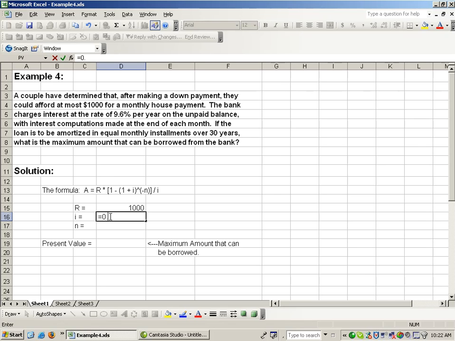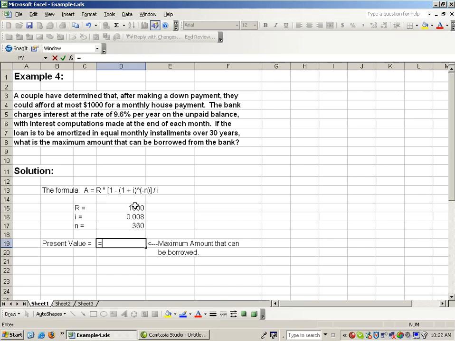The interest rate is 9.6% per year, but it's compounded monthly. And N is equal to 30 years, that's the duration of the loan, times 12 payments per year, which is 360. Okay, so all we have to do is plug these in and follow the formula as we do that.